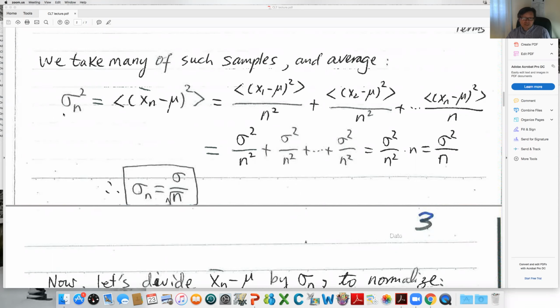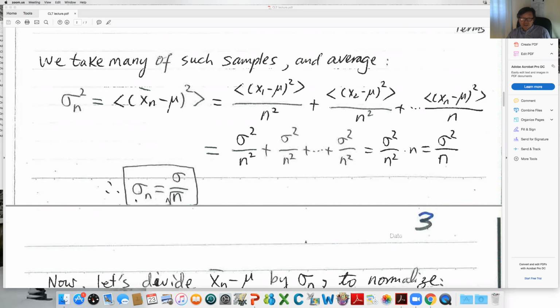In other words, the average of the square of the difference between the sample mean and the population mean, the mean square displacement, is related to the mean square displacement of the population by the square root of n.